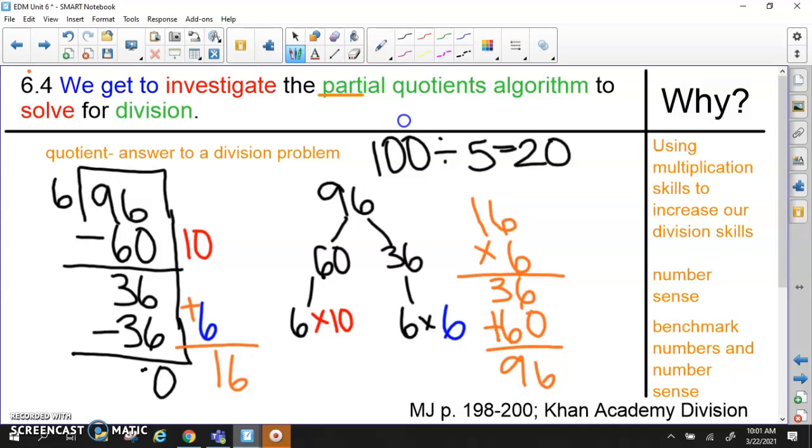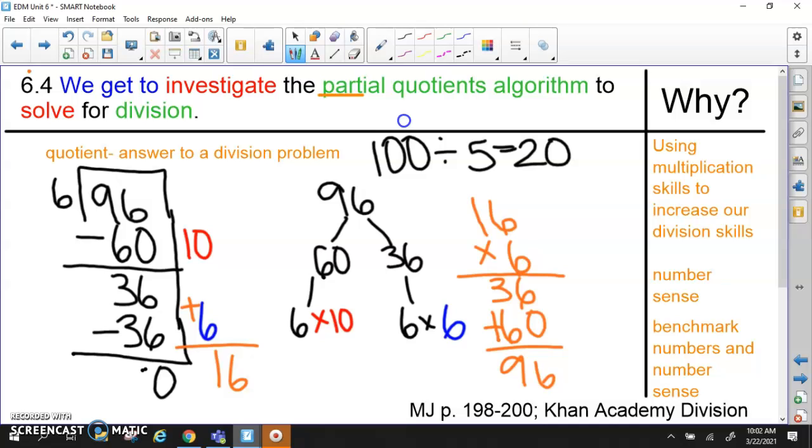The bottom number is the number we have divided. So out of a possible 96, I'm just going to divide 60 of it. 60 by 6, which is 10. Okay. So what I have left over after I've taken that 60 out is 36. Out of a possible 36, I'm able to divide the whole 36. So basically that just shows that I've done that work, the division work with that.